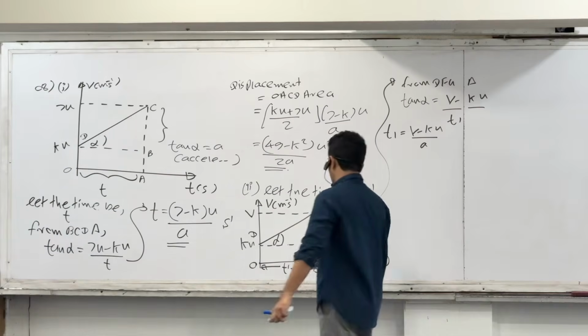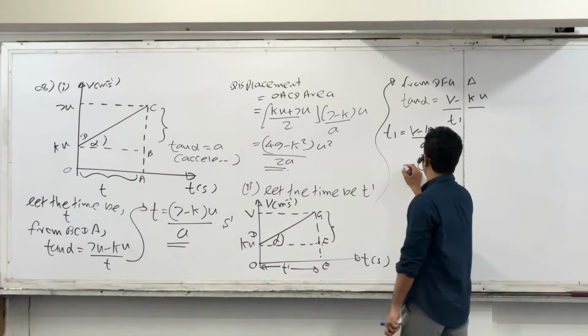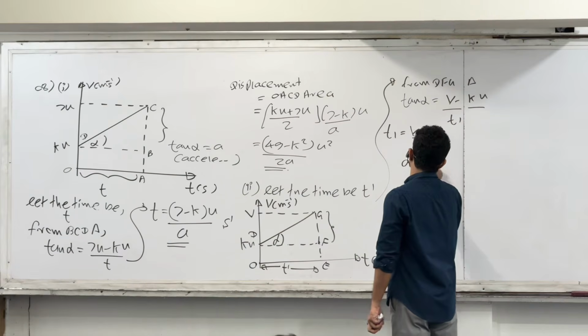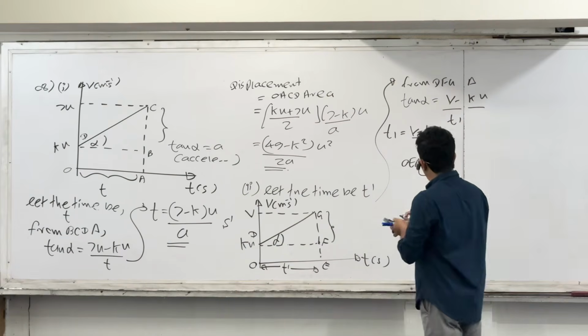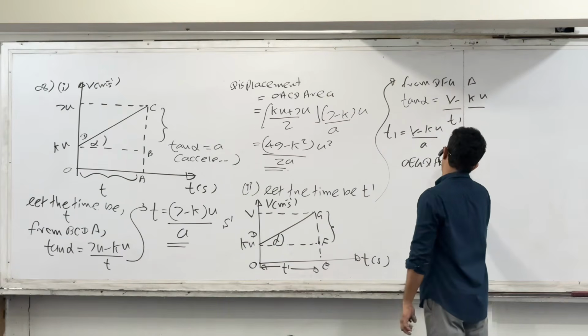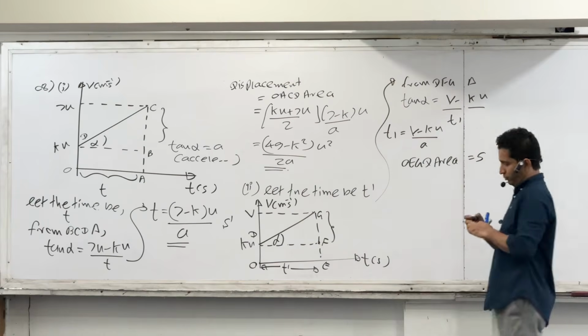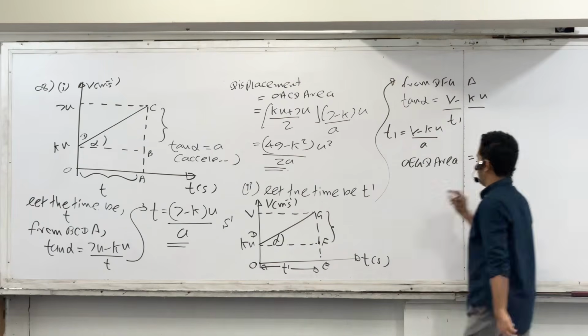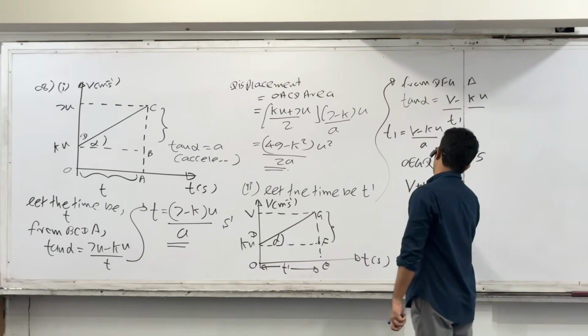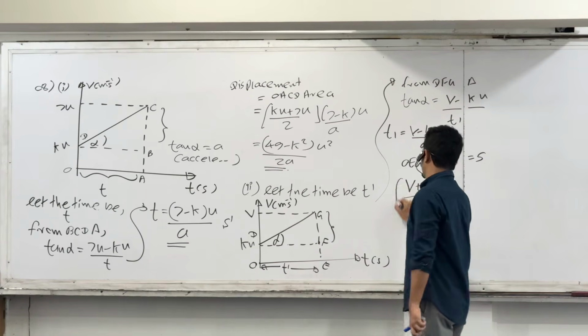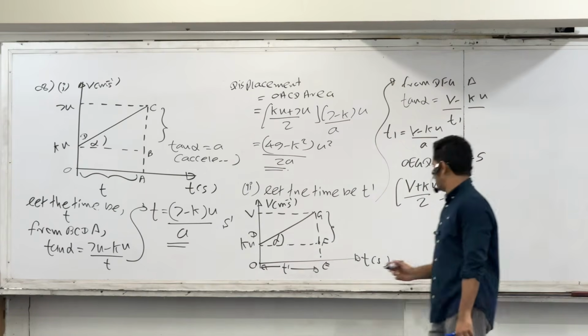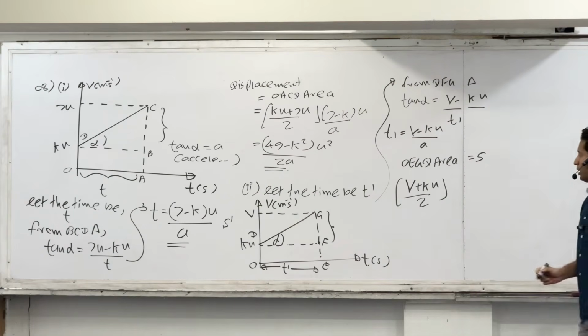The OEGD area is equal to s. Now s equals (V plus Ku) divided by 2, the sum of the two parallel sides divided by 2, times T dash.